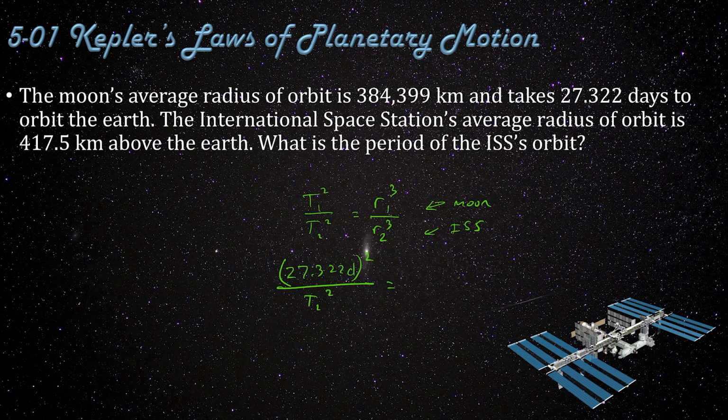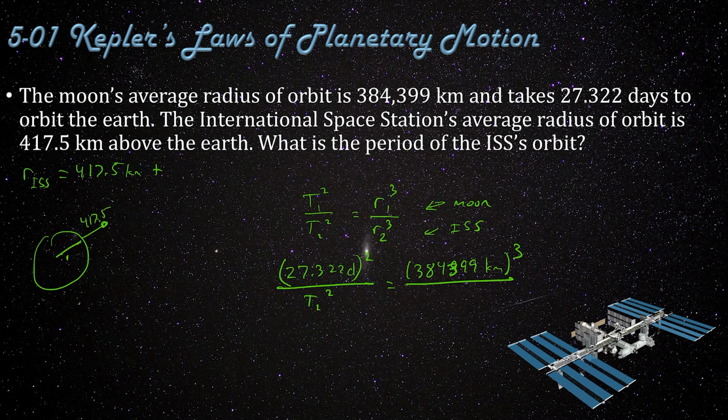The radius of orbit of the moon is 399 kilometers, cubed. For the ISS, it's 417 kilometers, but that's above the Earth. So our radius for the ISS is going to be 417.5 kilometers plus the radius of the Earth.